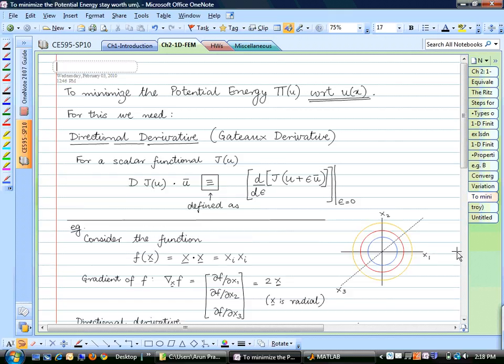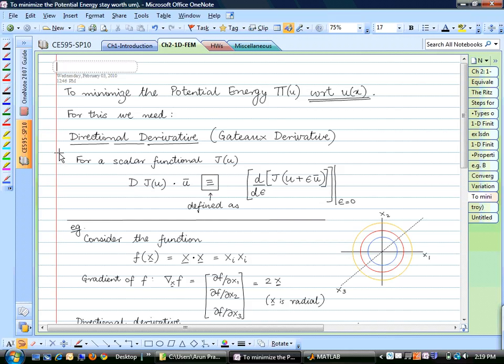All right, so finally what we have to do is minimize this potential energy. Let me just briefly go over this. To minimize the potential energy, we have to minimize it with respect to u, not with respect to x. In order to do that, we have to introduce something called a directional derivative.